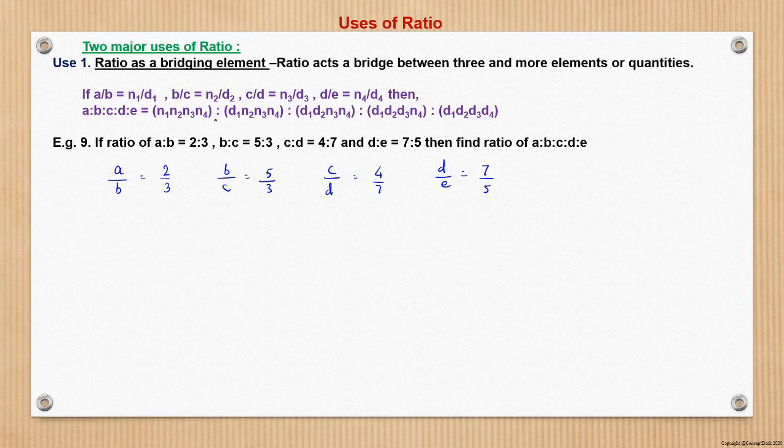The shortcut formula says that A will be given by the product of all the numerators, n1 into n2 into n3 into n4.